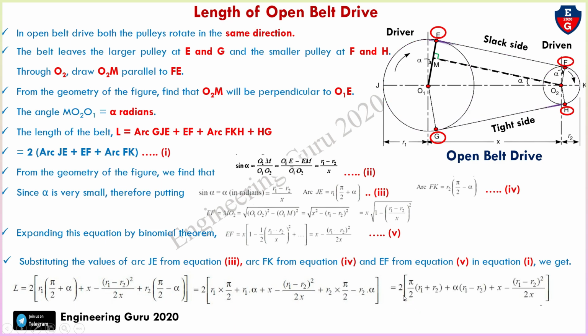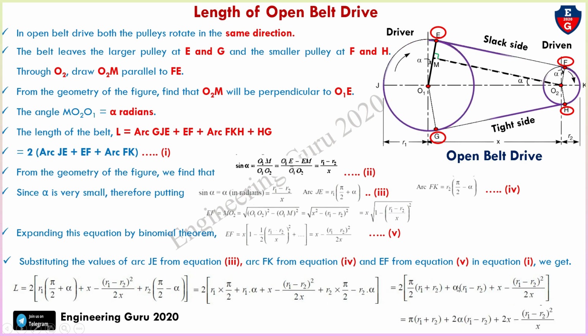So we can simply write 2, this pi by 2 common, (R1 plus R2), plus gather this term R1 alpha minus R2 alpha and take the alpha common. So alpha into bracket R1 minus R2, and the remaining term plus (R1 minus R2) whole square divided by 2X.